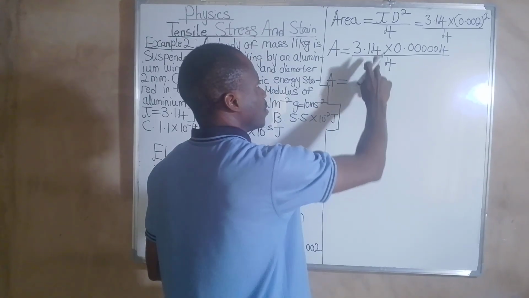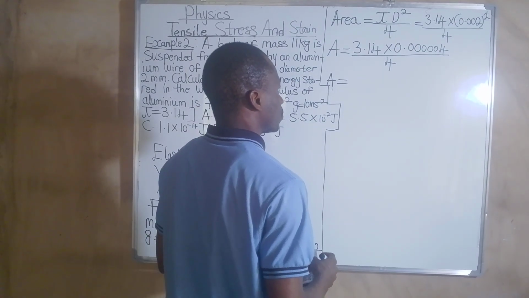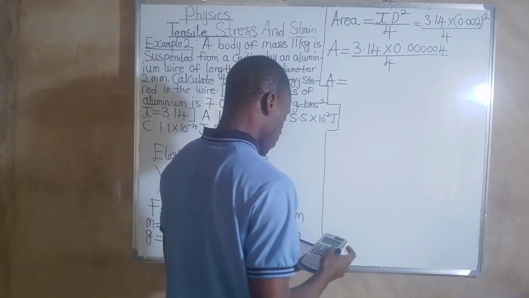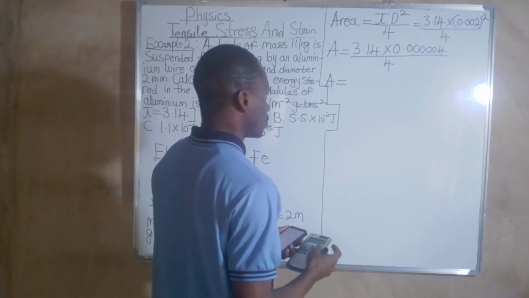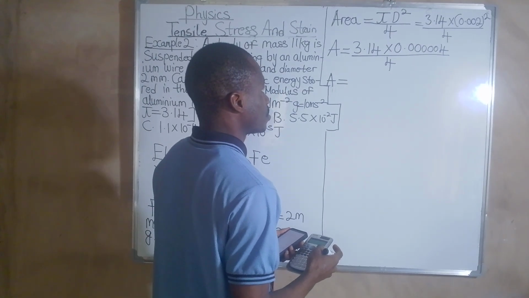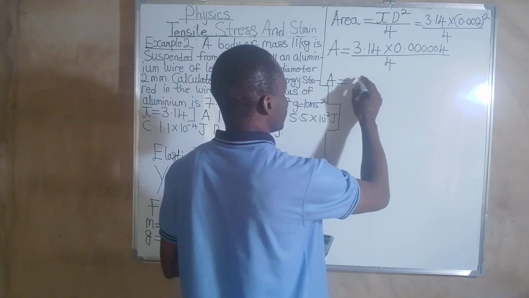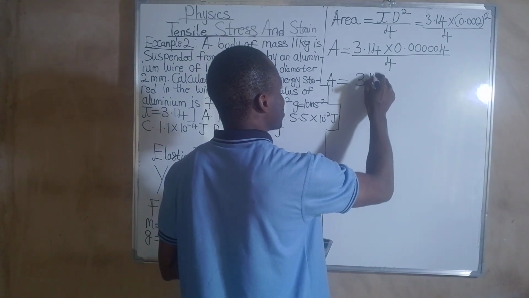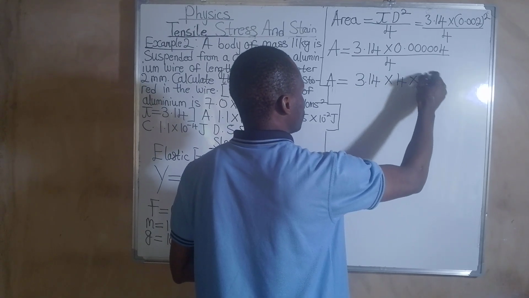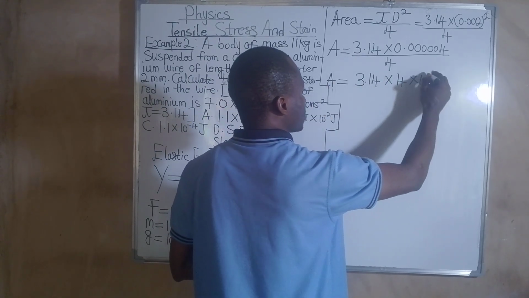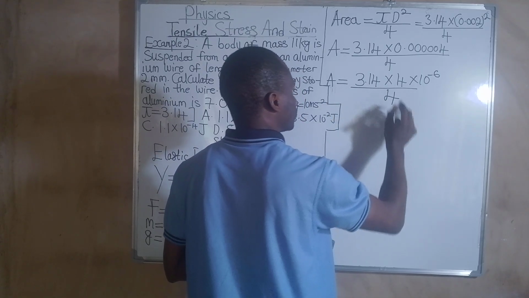3.14 times all this, then you divide by 4. 3.14 times 0.004 divided by 4. Honestly, let's just look at something funny here with our calculator. 3.14 times 4 times 10 raised to the power minus 6, all divided by 4.